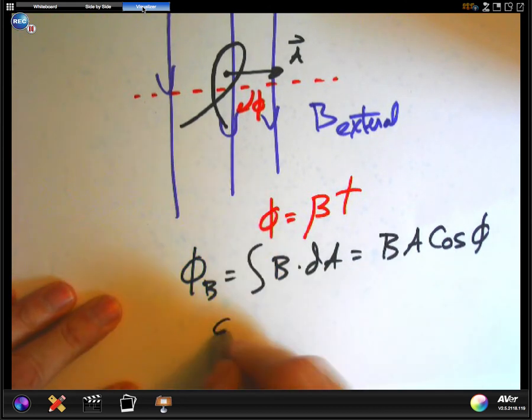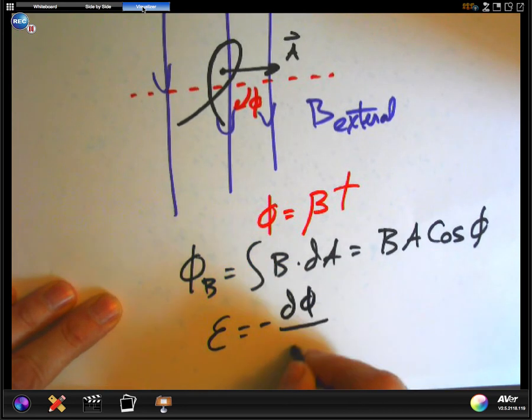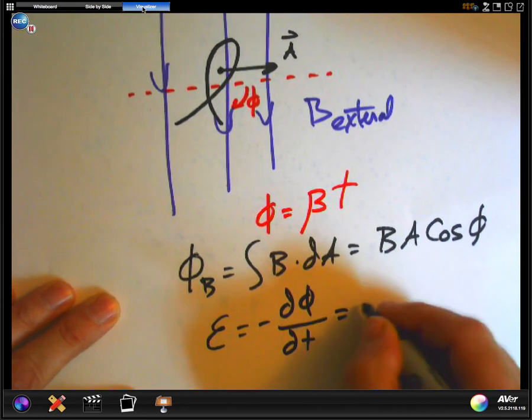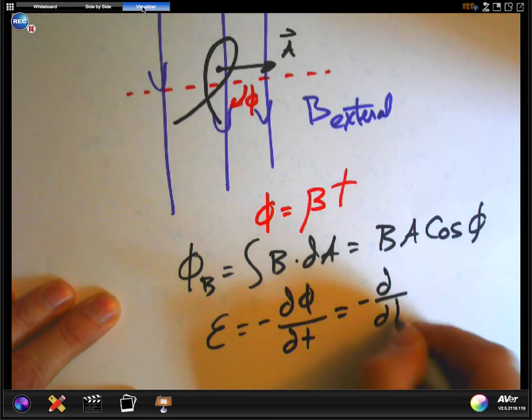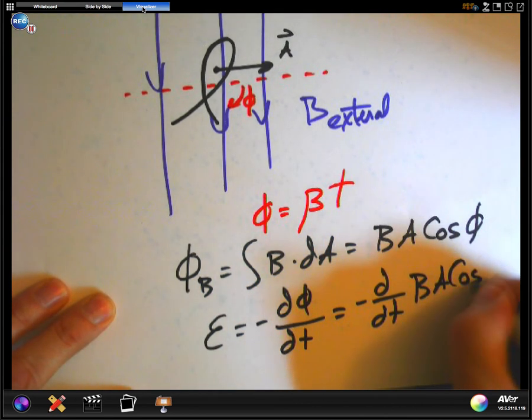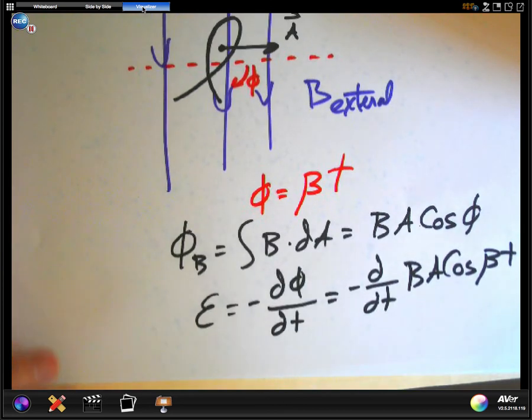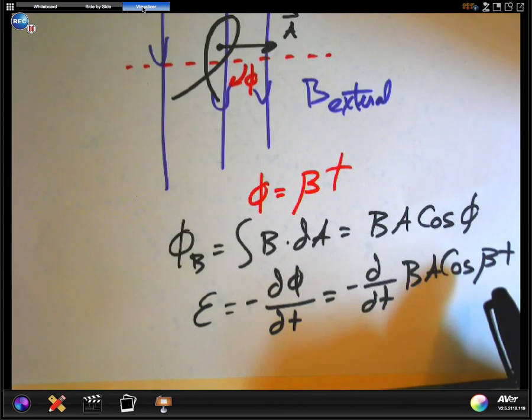Then we'll find our EMF, which is equal to negative the time derivative of the magnetic flux. So we're going to do the negative derivative with respect to time of our quantity BA cosine of beta t. When we take the derivative of the cosine function, we get the sine function.